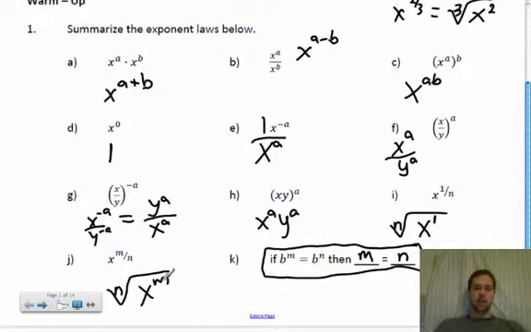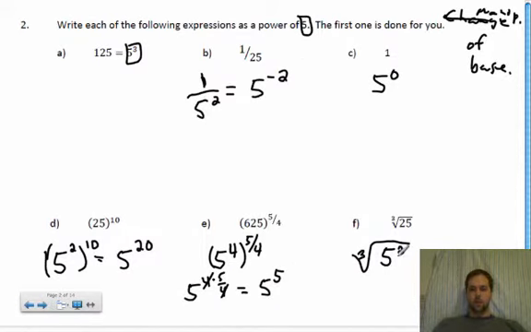So x to the m taken to the nth root can be written as a ratio, x to the power of m divided by n. So m is the numerator, n will be the denominator. So 2 is the numerator, 3 will be the denominator, and we can simply write this as 5 to the 2 thirds. And that's that for that one.